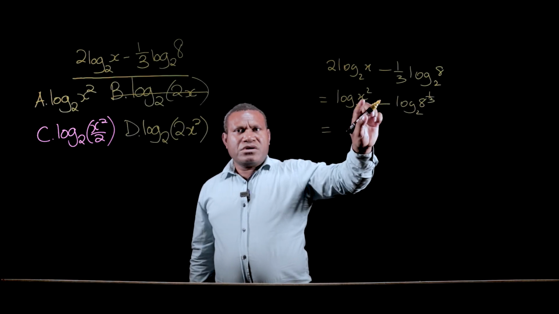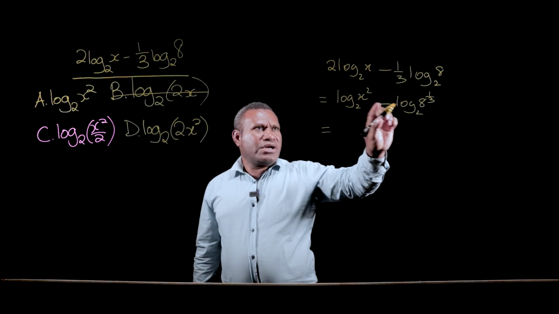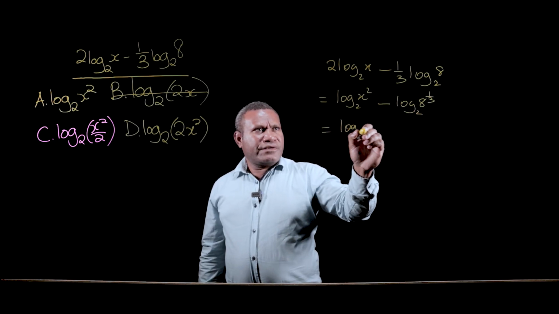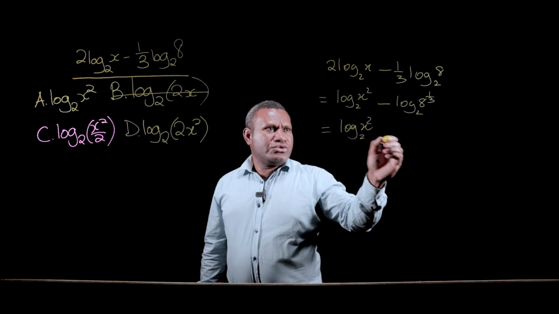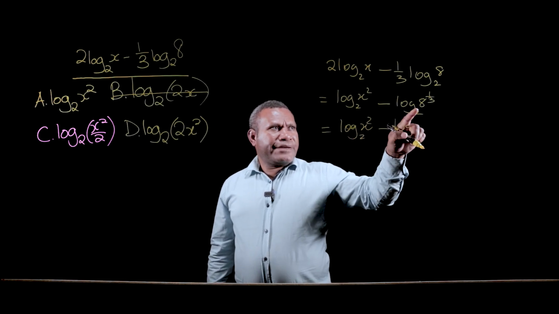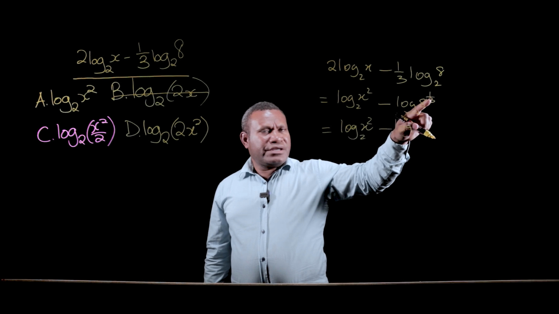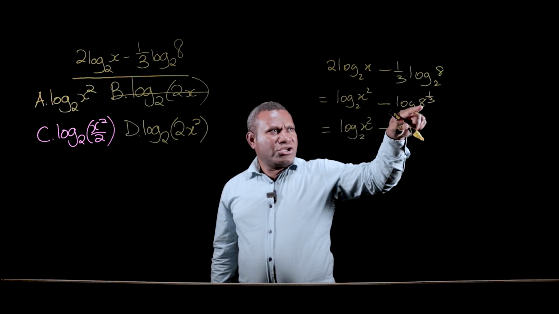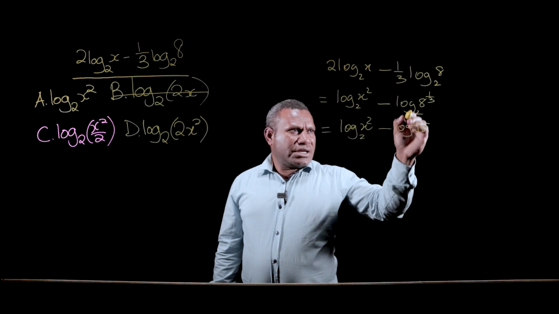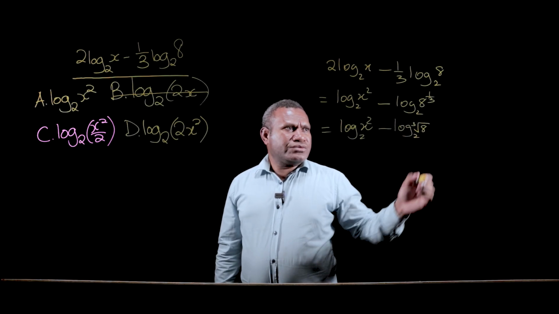This one is an unknown variable, so you can't simplify this, so only this one can be evaluated. So we have log of x squared to base 2 minus log of 8 raised to the power of 1/3, which is the same as taking the cube root of 8, so we can write that as well. That's the cube root of 8 to base 2.